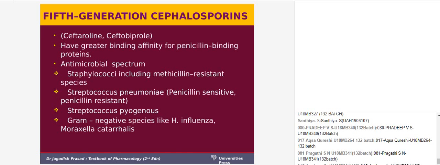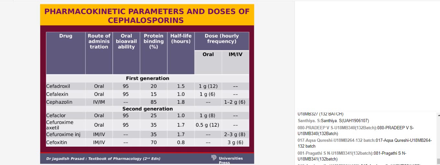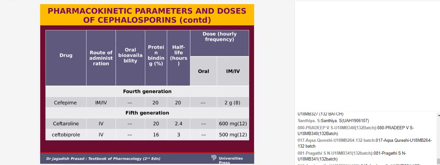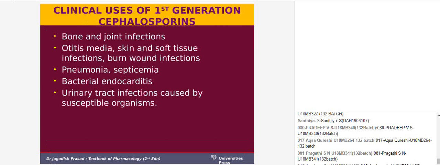And if you see the clinical uses of these cephalosporins, the first, second generation, fourth, and fifth generation, we are seeing the various pharmacokinetic parameters. All of them are available as oral and parenteral. Okay, we'll just see the uses now of the first generation cephalosporins.